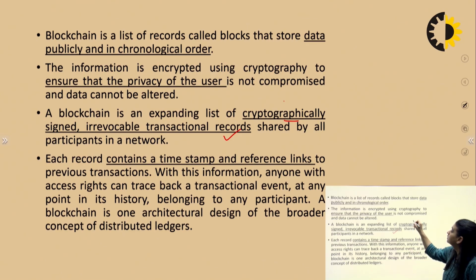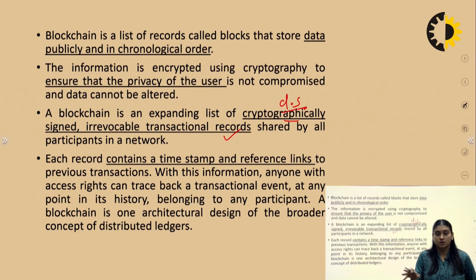It means you are using digital signature concepts. So we have the concept of keys, private key and public key, in digital signatures shared by all the participants in the network. Each record contains a timestamp and the reference link.